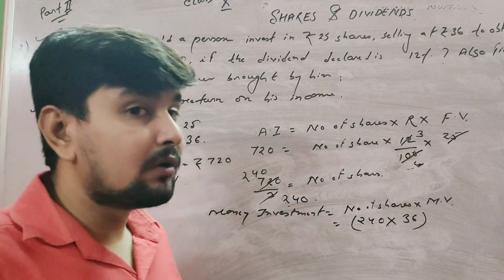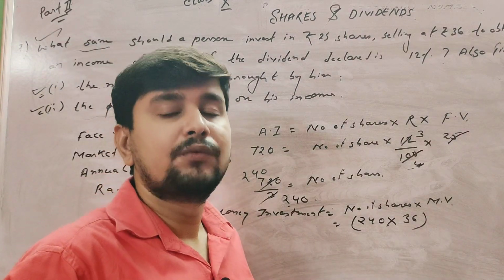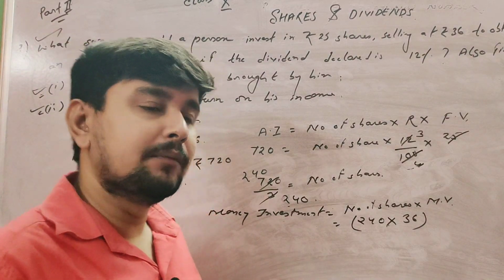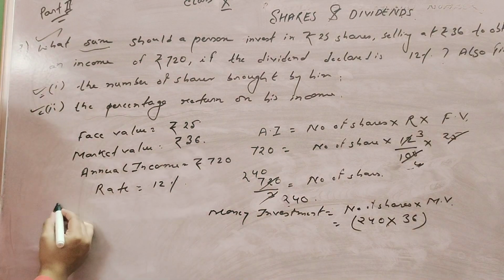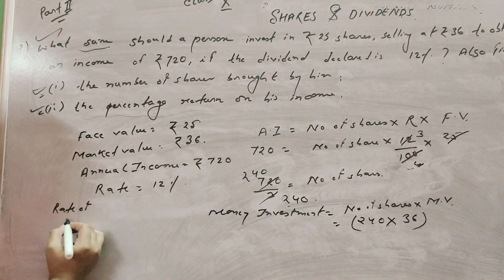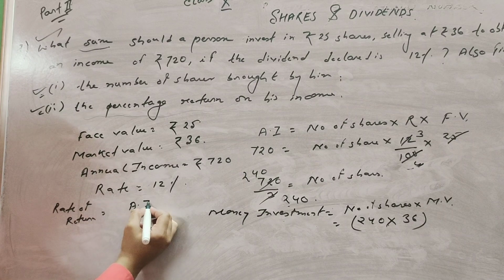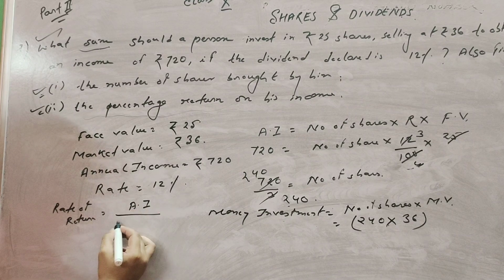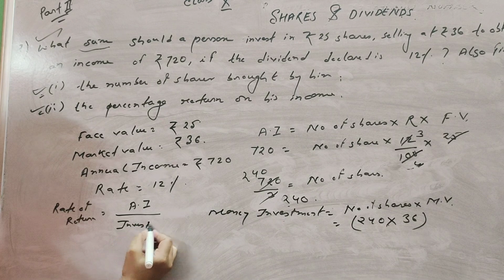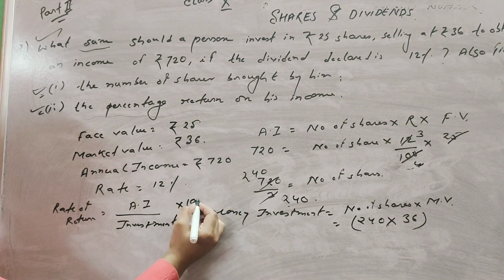Now this time for the percentage return. Percentage return means what? Rate of return. What rate of return you get from the company. So the rate of return formula is annual income by investment into 100.